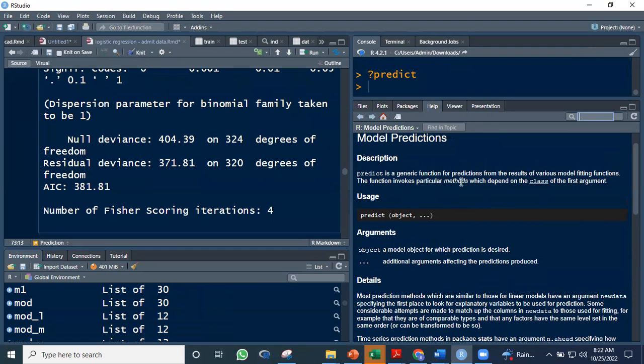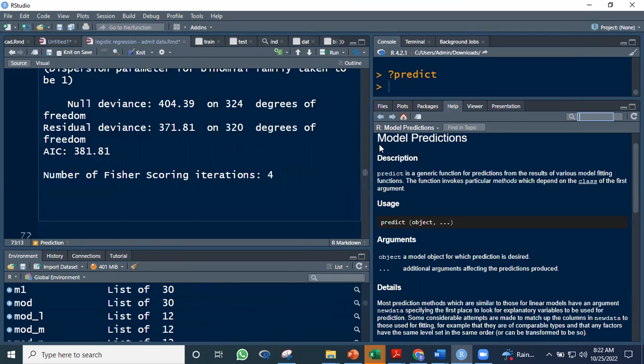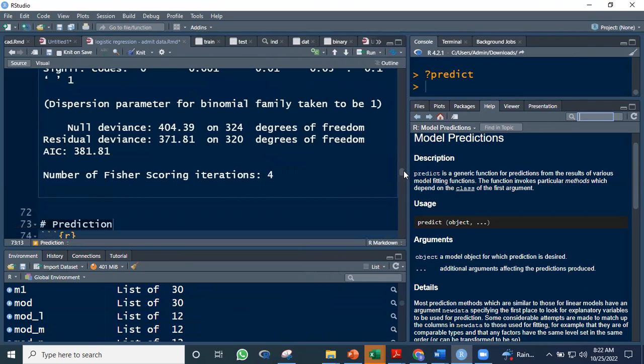It is a generic function for predictions from the results of various model fitting functions. So sa atin, di ba, regression, in this case, logistic regression. So the predict is a generic function which will predict, no, using our model kung ano man yung finifit natin.